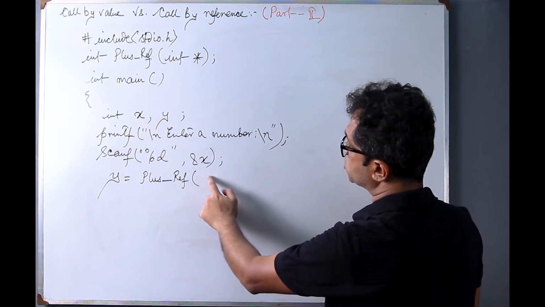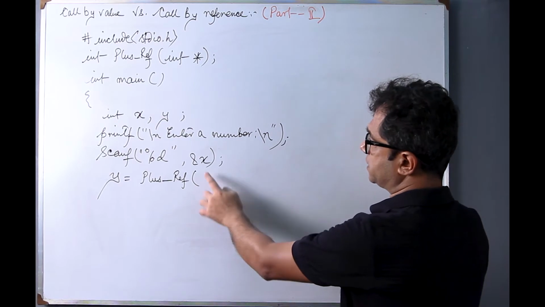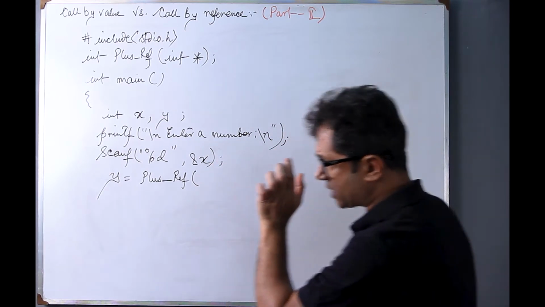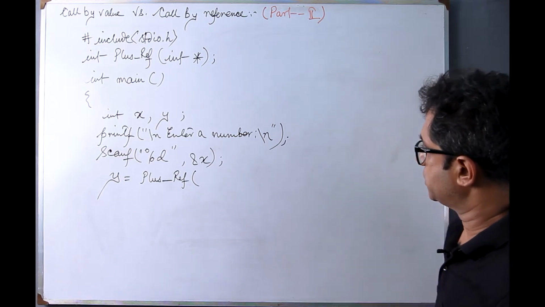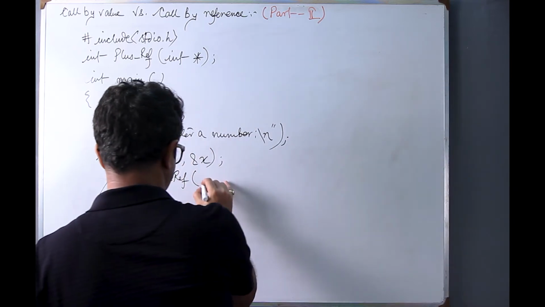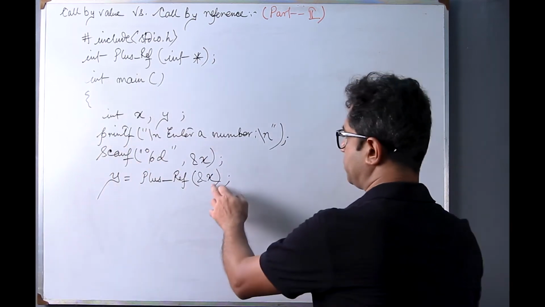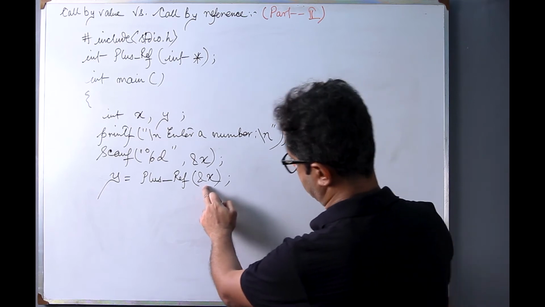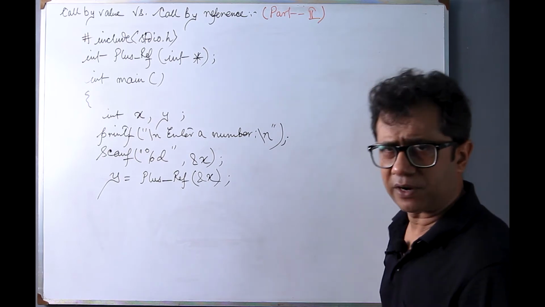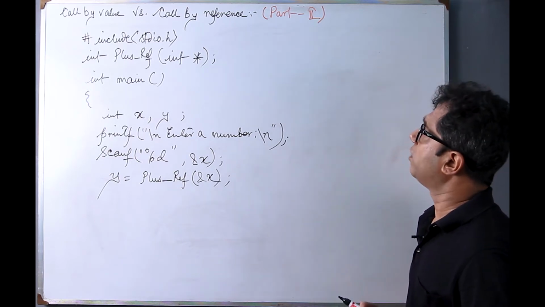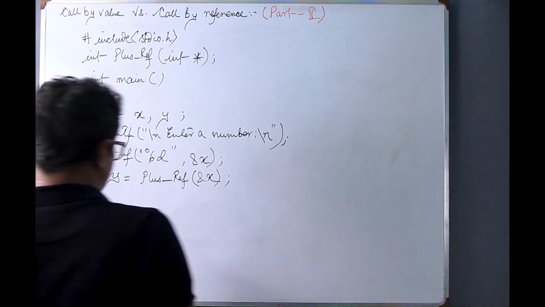So we wrote x over there, and now we are going to write &x, that is, the address of the memory location where the variable x is stored. So I am going to write &x. This &x means the address of x, and this is nothing but calling a user defined function in the way of call by reference. So I am just calling the function by reference.